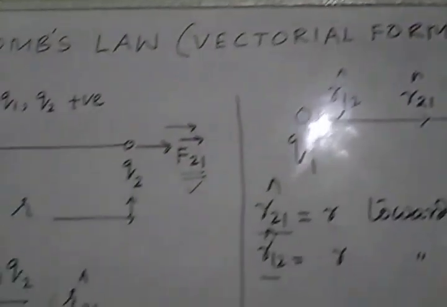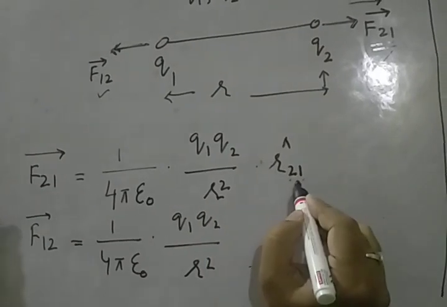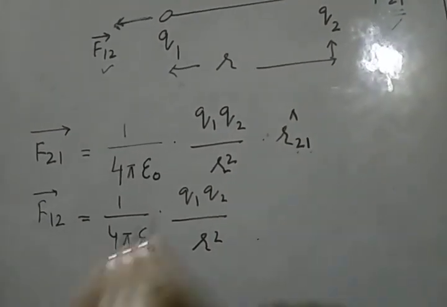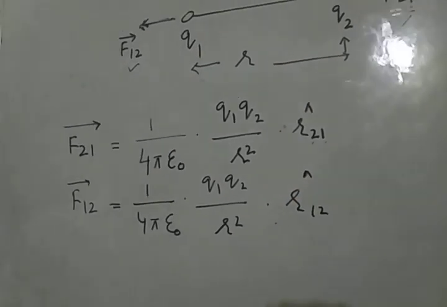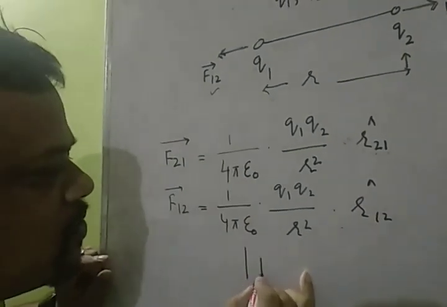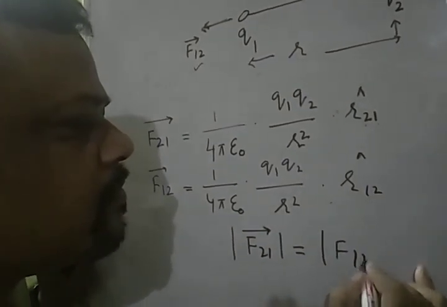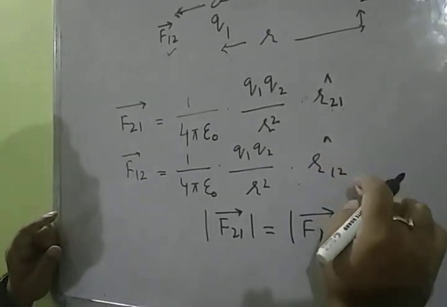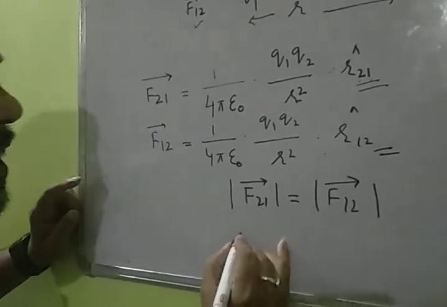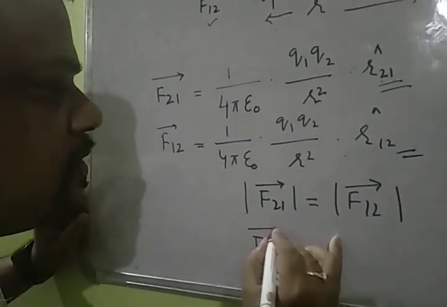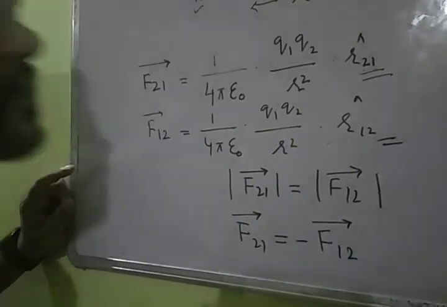Fine. So F12, F21 equal to 1 by 4 pi epsilon naught Q1 Q2 by R square into R21 cap, here into R12 cap. So magnitude is the same, but the direction is opposite because position vector direction is opposite. So we can say F21 vector is negative of F12 vector.